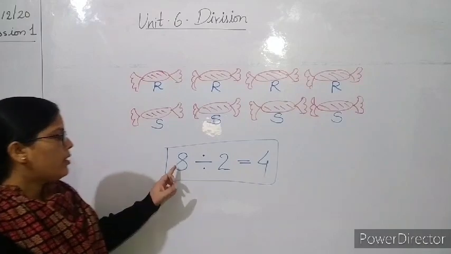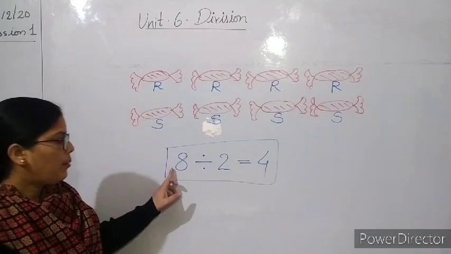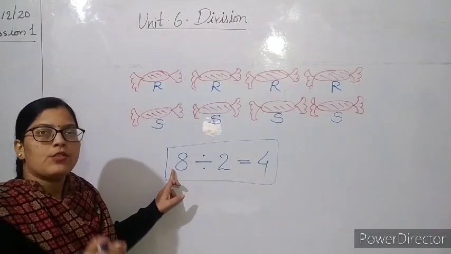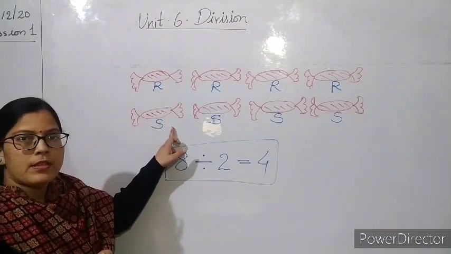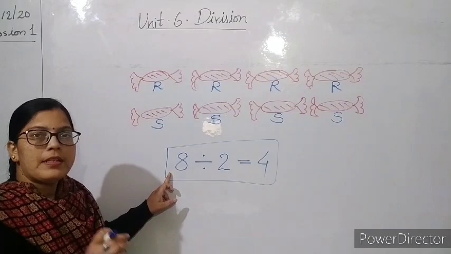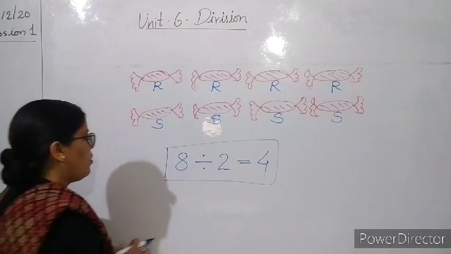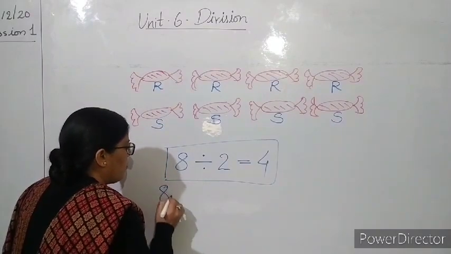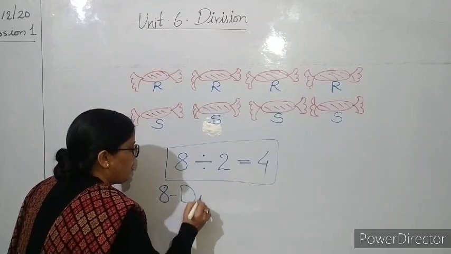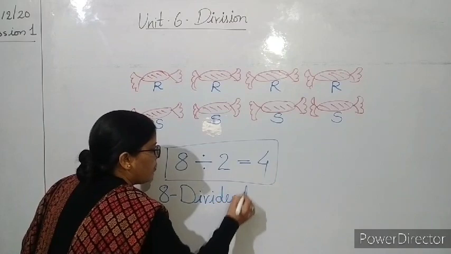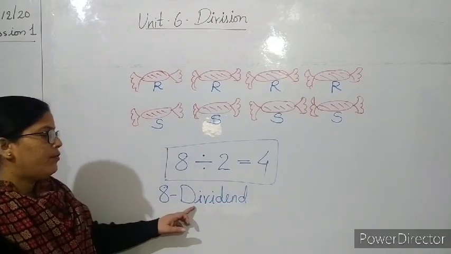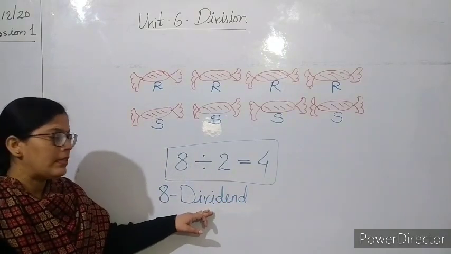Okay, now what is this 8? The number which is to be divided. Okay, here we are dividing 8 toffees. So the number which is to be divided is called dividend. Okay, the first term is dividend.